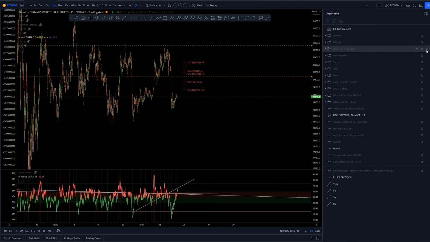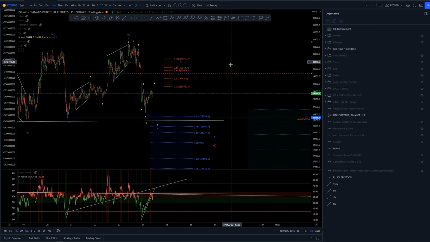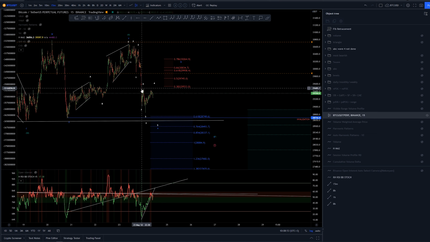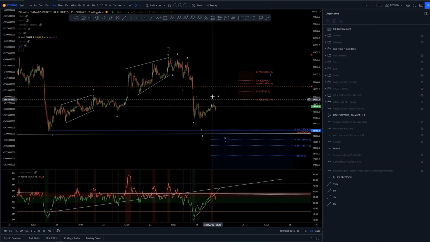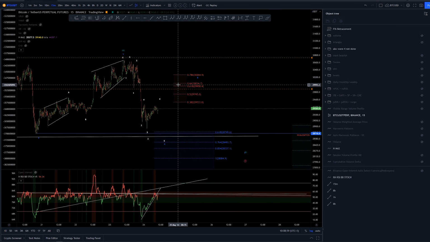Now let's bring this count up again. For the B wave, what are we looking for? So if the price starts to get up through these highs that we had yesterday for the wave 4, I would be looking for these areas of golden pocket and at least the 50% retracement.